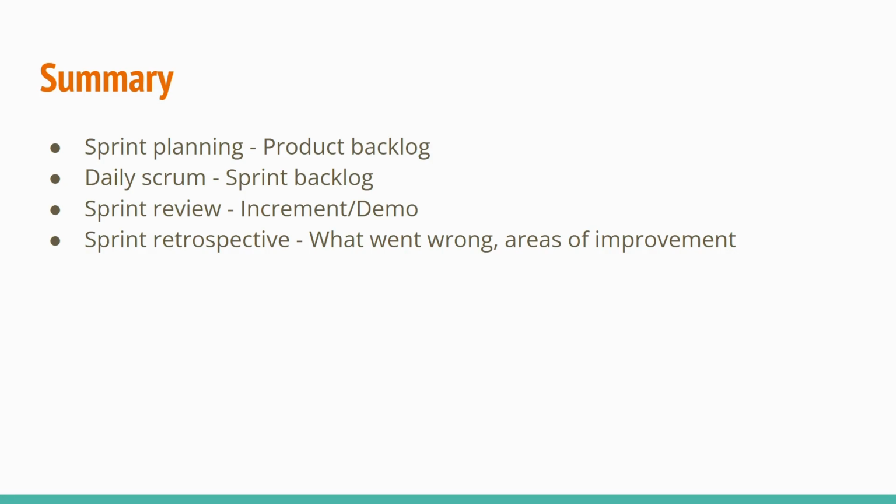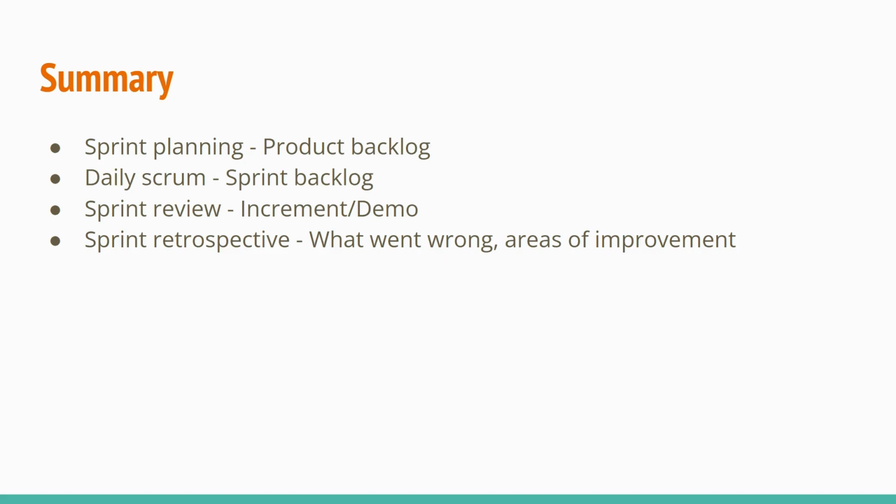Okay, so daily scrum, sprint backlog. In the sprint backlog we have taken some tasks, right? In the daily scrum we will only talk about those sprint backlog tasks. We will not talk about the product backlog tasks. Product backlog tasks are only talked about in the sprint planning meeting, but sprint backlog tasks are only talked about in the daily scrum meeting. So don't get confused between these.